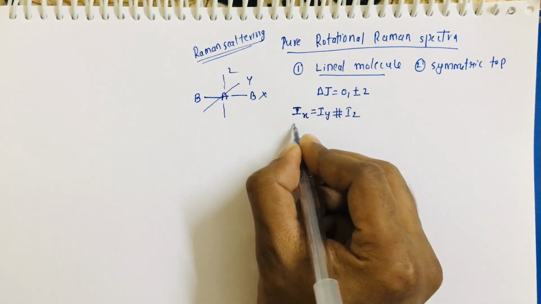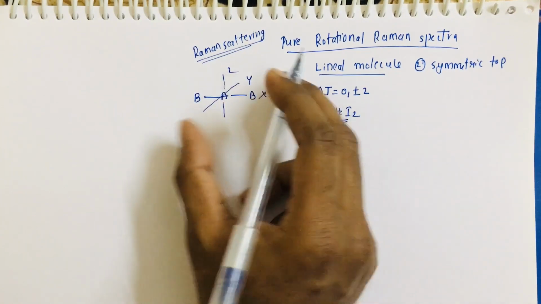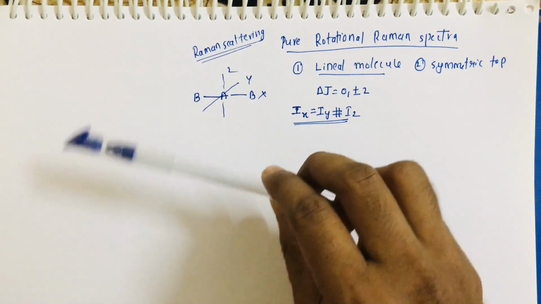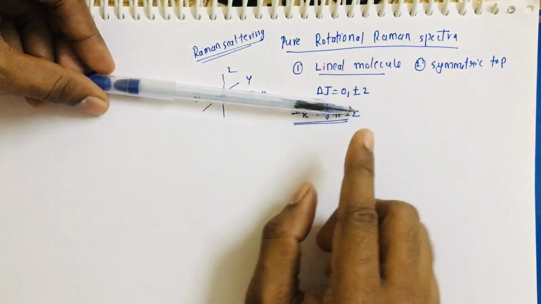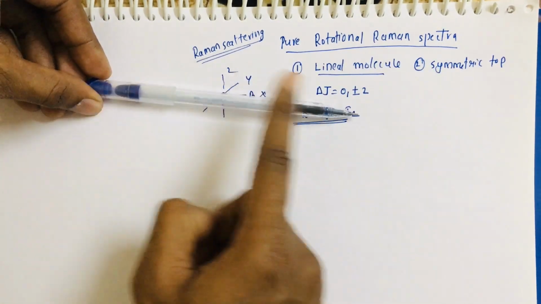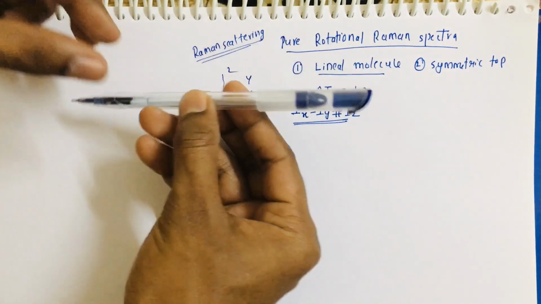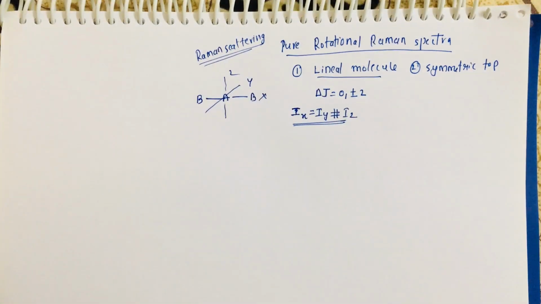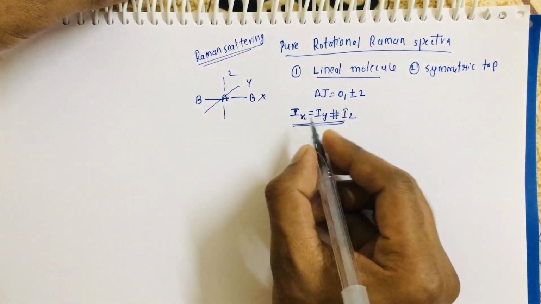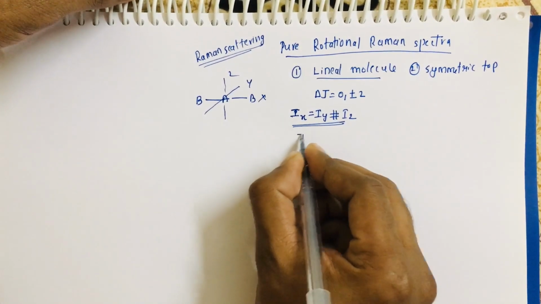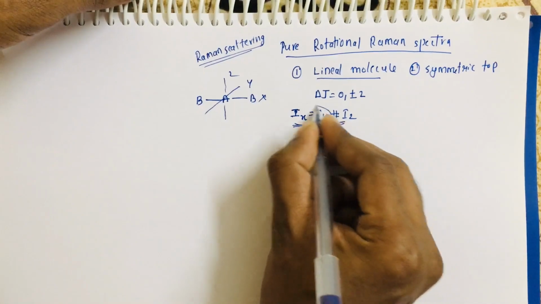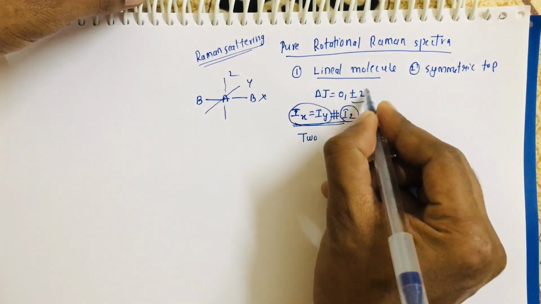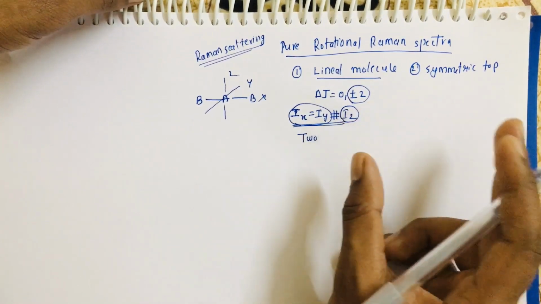Imagine this is A, this is B, and this is B. When we change this way only, there is some change. From here we can make out that there are 2 degrees of freedom. This gives 1 degree of freedom, and this gives another degree of freedom. Because of that we have plus or minus 2 for the linear molecule.